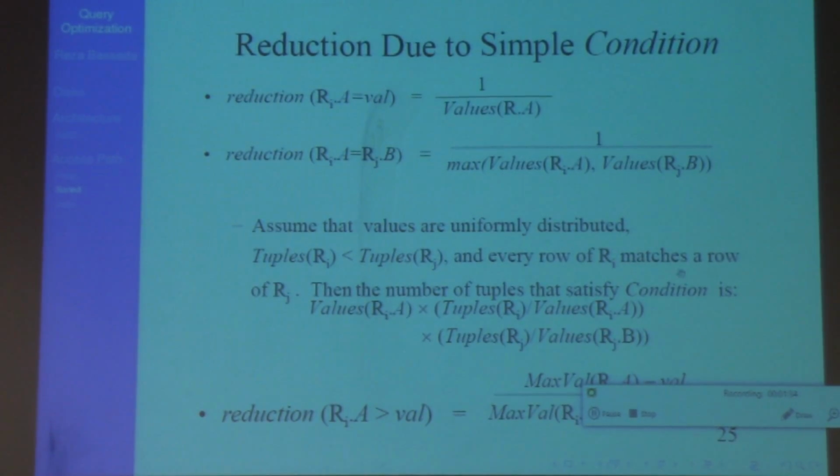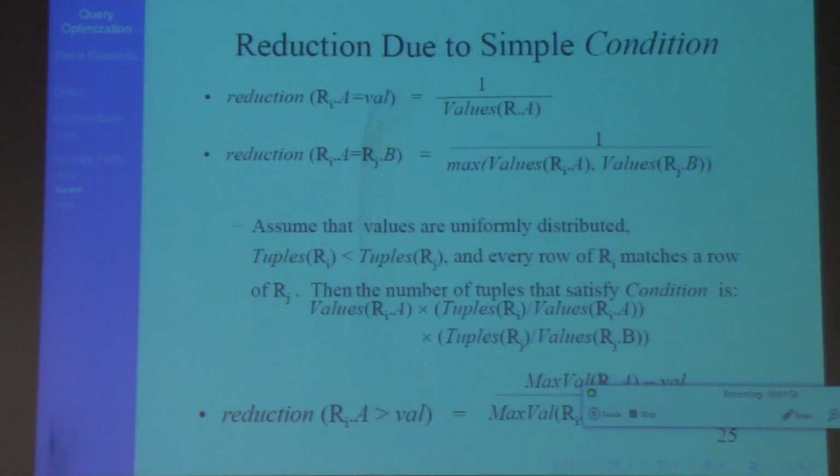We know that values R.A is the number of distinct values for attribute A of relationship R, then the reduction can be 1 over the number of the values of R.A.